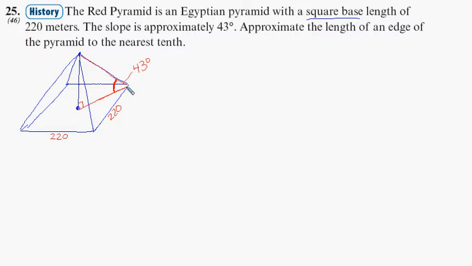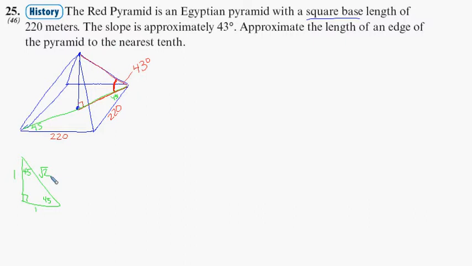So I'm going to recommend that we finish it out by getting the diagonal of the square floor of the pyramid. Because it's square, we know that it's a 45, 45, 90 triangle. So if you've got a 45, 45, 90 triangle, this is 45, this is 45, that means you have 1, 1, and square root of 2 here.